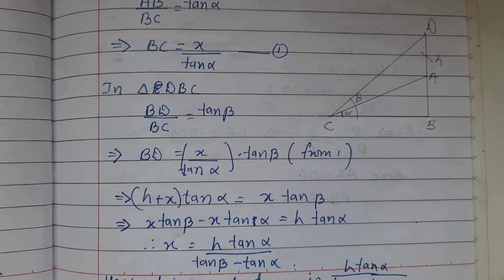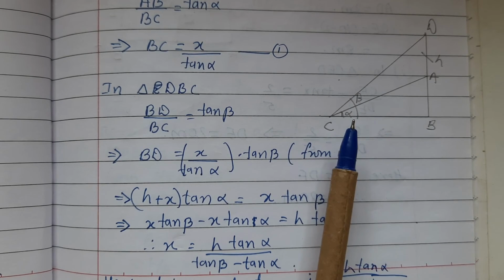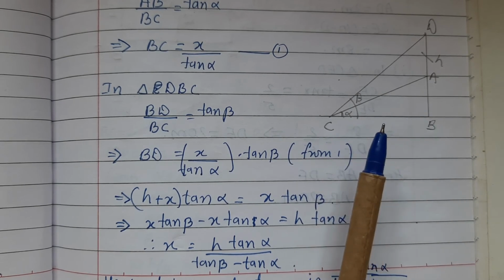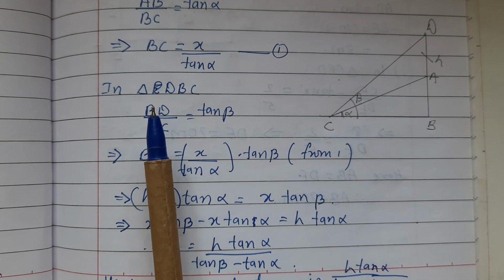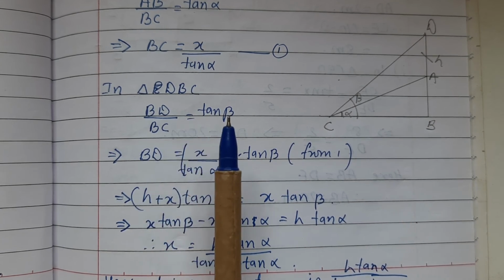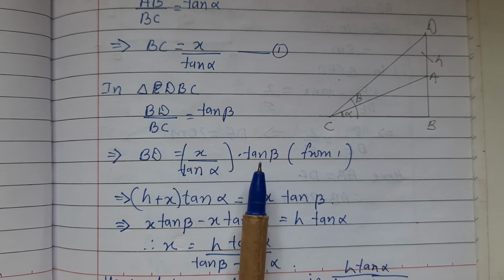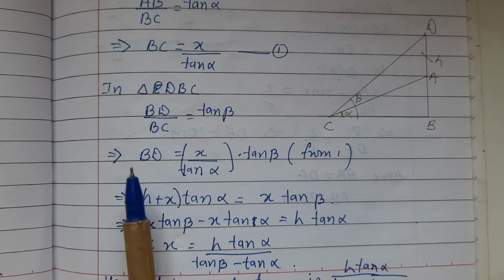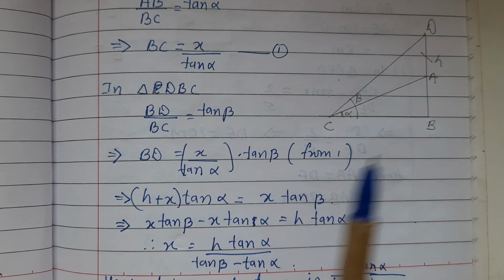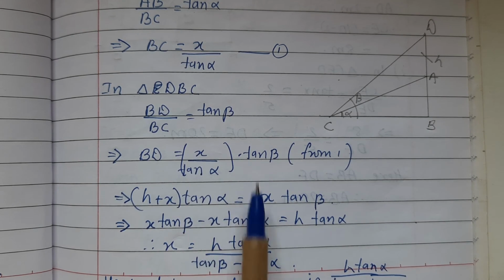In triangle DBC, tan beta is equal to BD upon BC. Therefore, BD is equal to BC into tan beta. BC is x upon tan alpha, so BD is x upon tan alpha into tan beta. BD is h plus x. So h plus x equals x tan beta upon tan alpha. Take tan alpha to the other side: h plus x into tan alpha is equal to x tan beta.